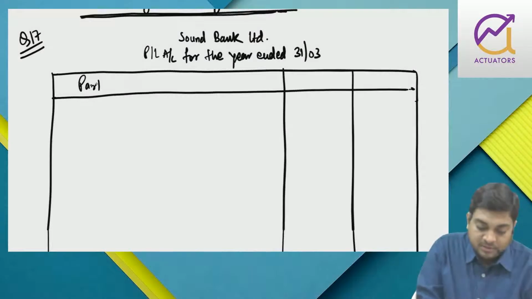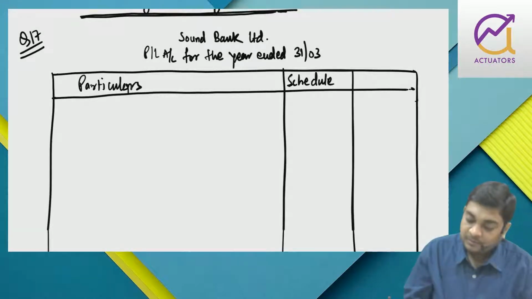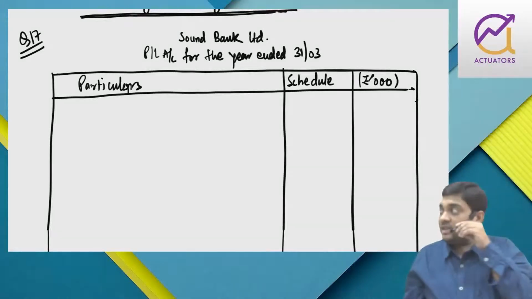We have particulars, schedule number, then we have rupees in thousand, right?